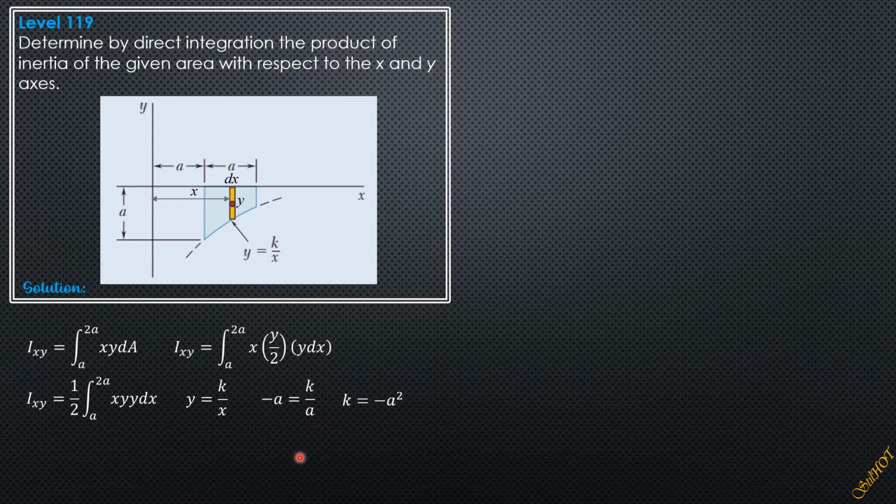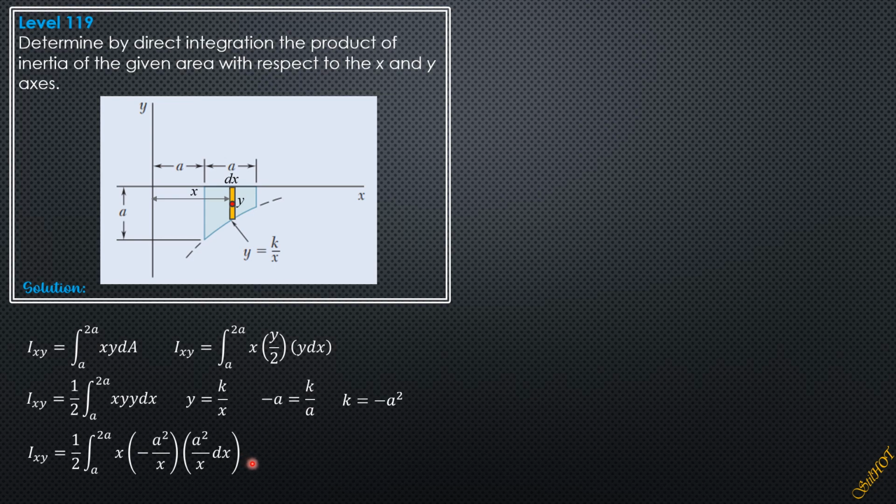So substitute the value of y into this. Ixy equals 1/2 the integral from a to 2a of x times negative a squared over x, that's y equals k over x. Then the other y is a squared over x dx because it should be treated as positive, since x is positive.